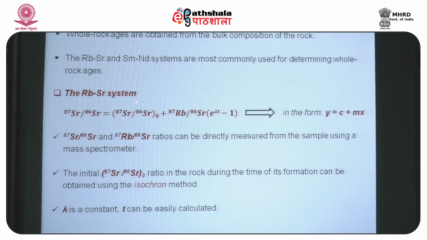So, as lambda is a constant, we can easily calculate the term t, which is actually the age, the time which has elapsed from when the decay process of the radioactive element, that is the rubidium, has started.